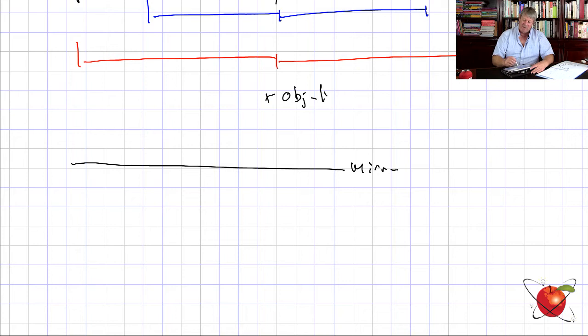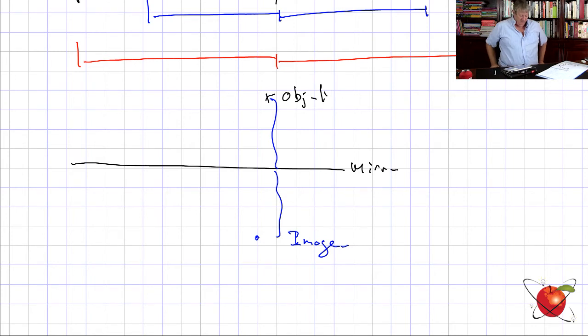Therefore, where's my point behind? My point behind is exactly that far, and we call that the image. For those of you who go on to do optics in physics at university, or optometry, that's the stuff you're going to be talking about, with lenses and images and virtual images.